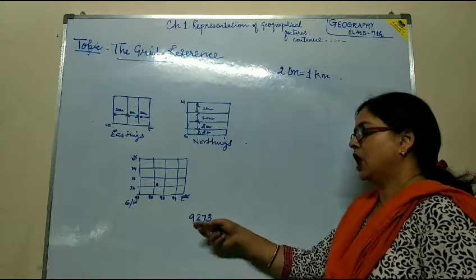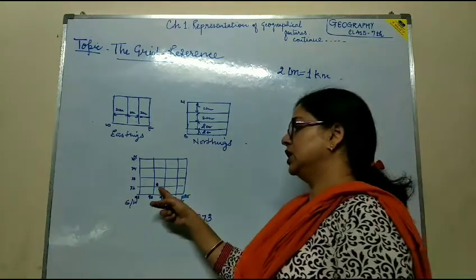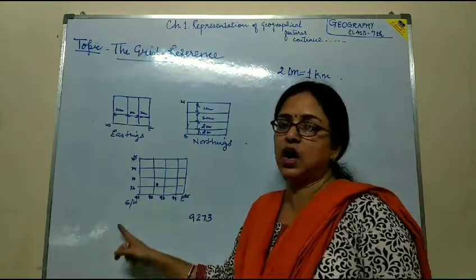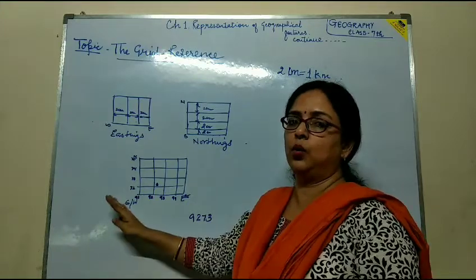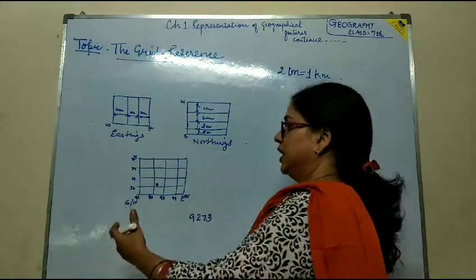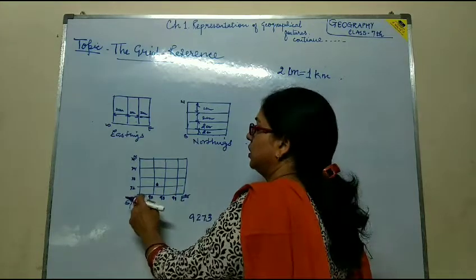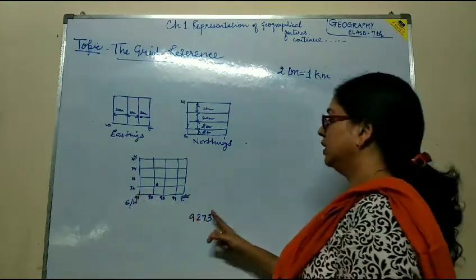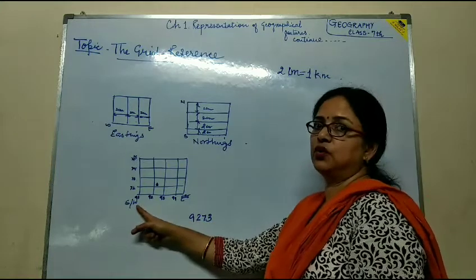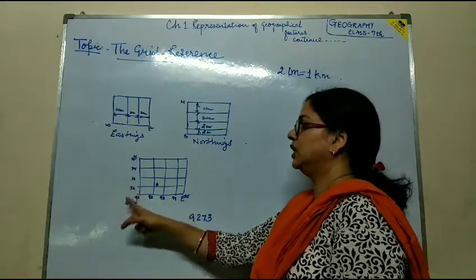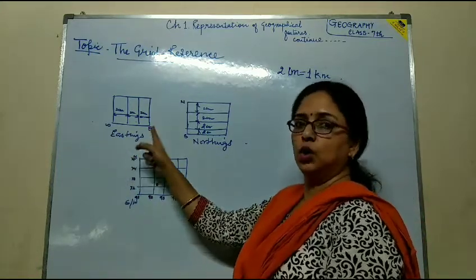How do we read this location? We always start from the origin, which is always the left-hand side, the southwest corner. First we read the easting, then we follow the northings.